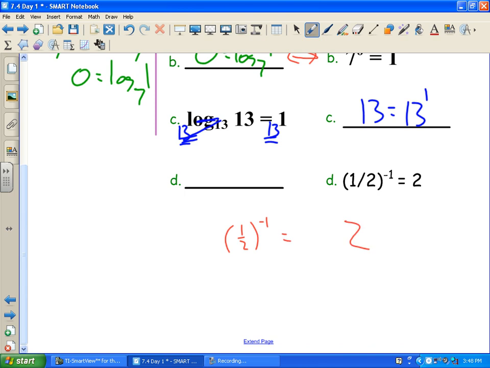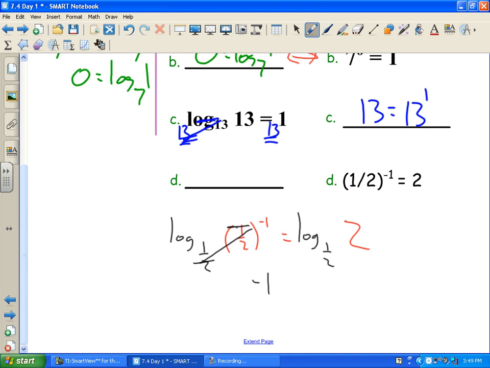I want to get rid of the base of 1/2. The way that I'll get rid of a base of 1/2 is to introduce a log with its matching base to both sides of the equation. There is my inverse. There is my undoing.